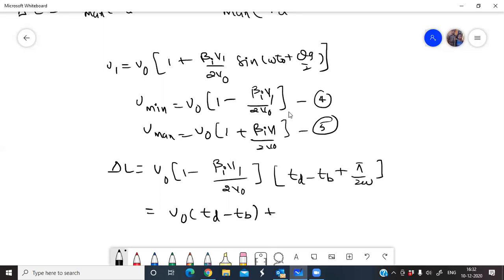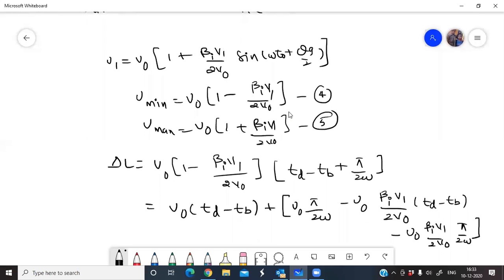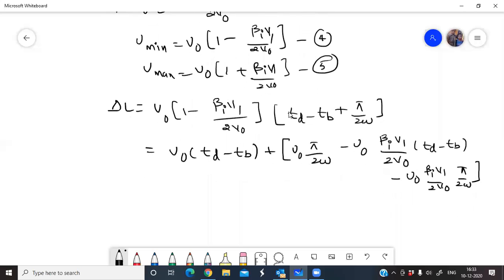V naught into (TD minus TB) into V naught pi by 2 omega, minus V naught into beta I V1 by 2 V naught into (TD minus TB), minus V naught into beta I V1 by 2 V naught into pi by 2 omega, right?